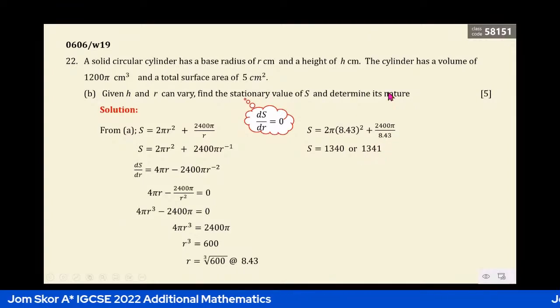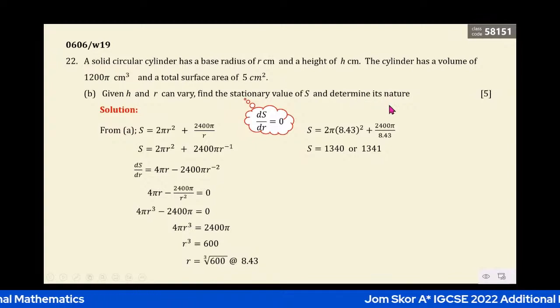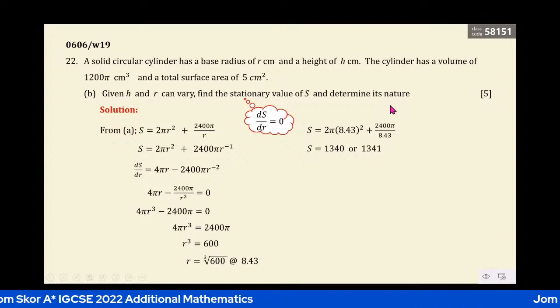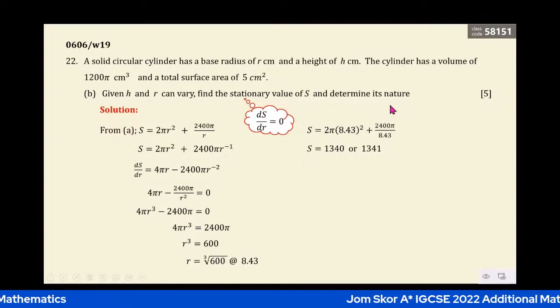Alright, then the question asks you to determine its nature. Nak cari nature dia. Nature ni maksudnya you all nak tahu dia ni maximum ke dia minimum. Okay, so to find the nature, you have to find the second derivative. Kita kena test. Okay, second derivative kita tu minimum ke maximum.